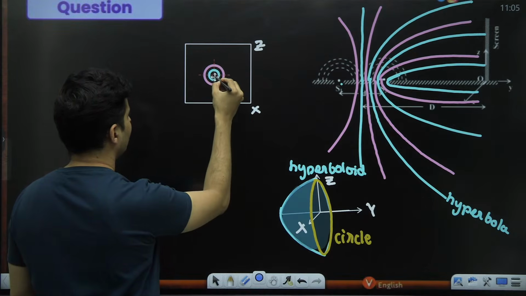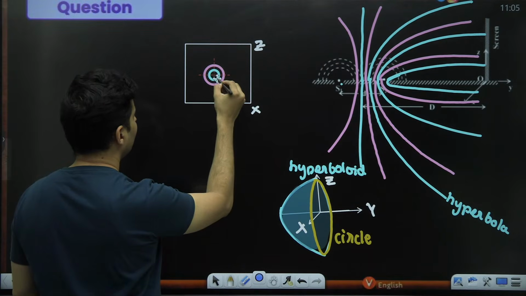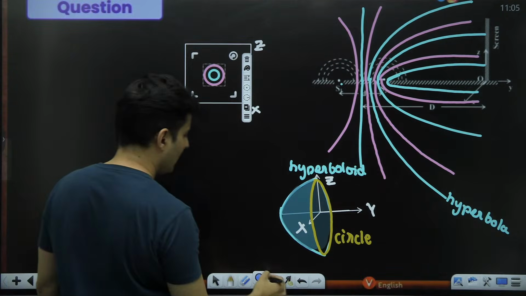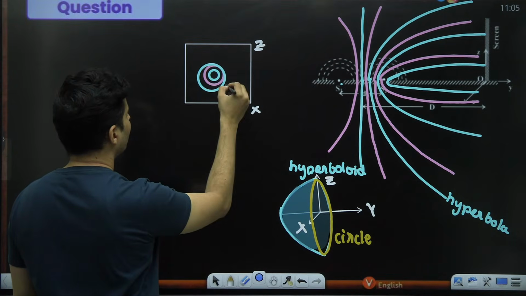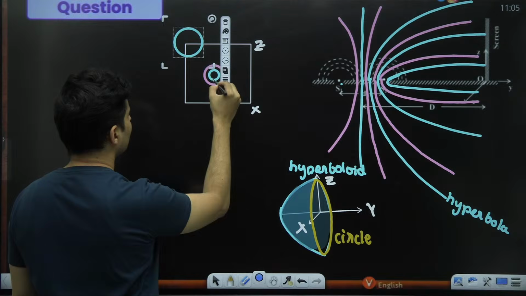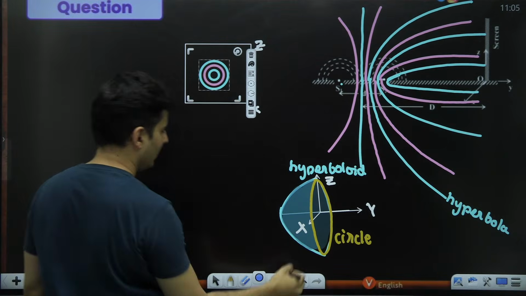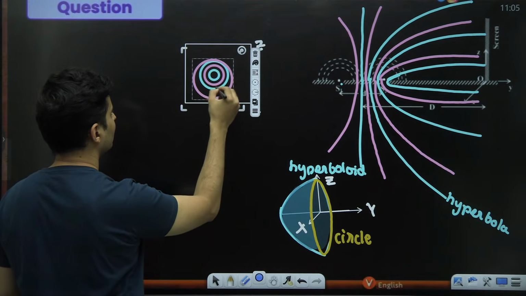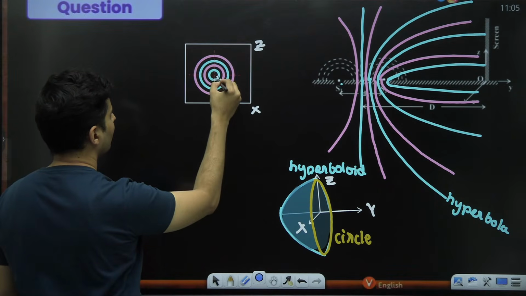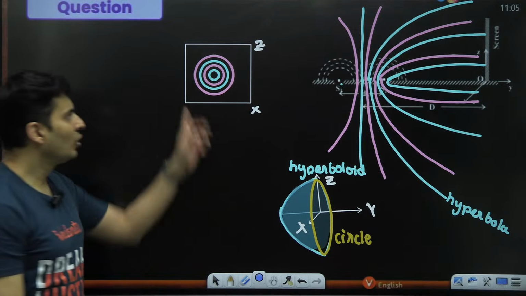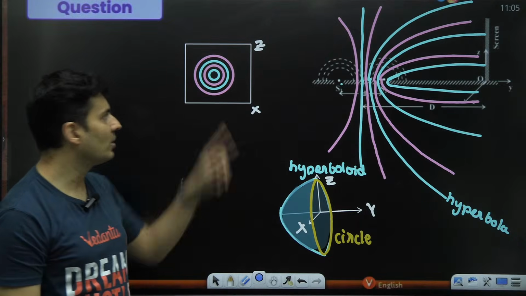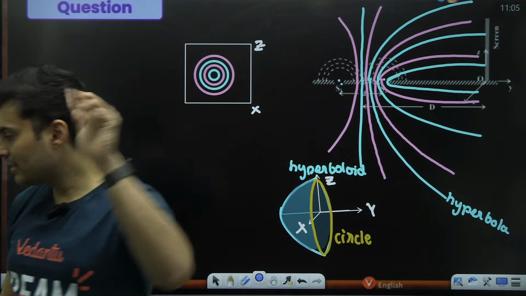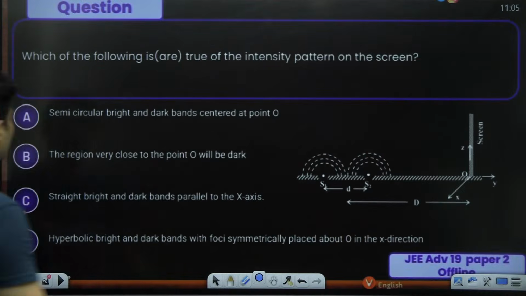Then again you will see maybe a bright like this, and then again something dark like this. This is what you are going to see. Concentric circles. This is what you are going to see on the screen. Is this understood?